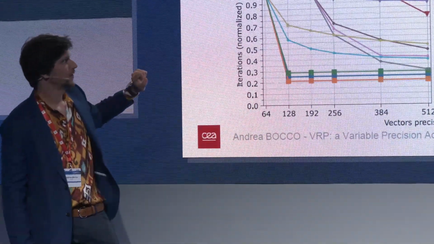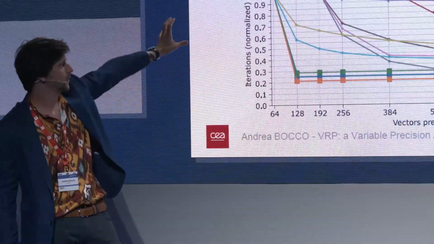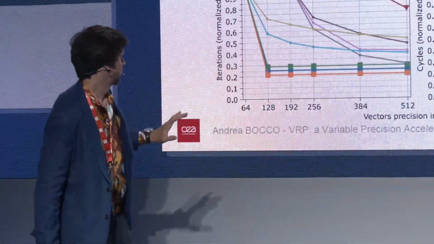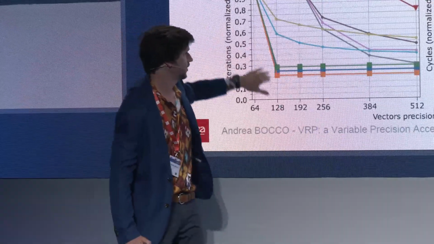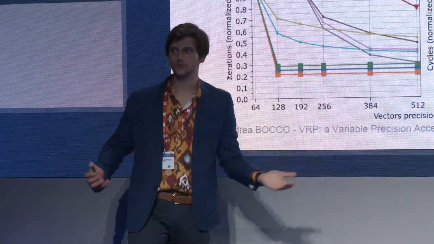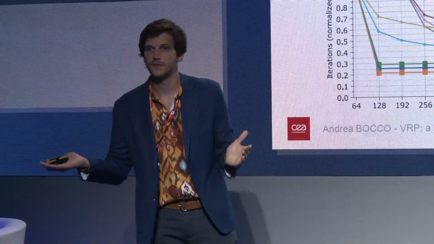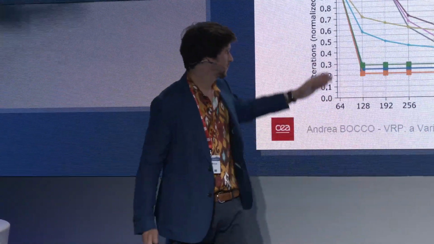Then we did a second benchmark, to solve matrices. And here we get three major takeaways. The first one is that augmenting the precision is not always open bar. We arrive at a given point where there is no more advantage in increasing precision because we already have the minimum number of iterations.